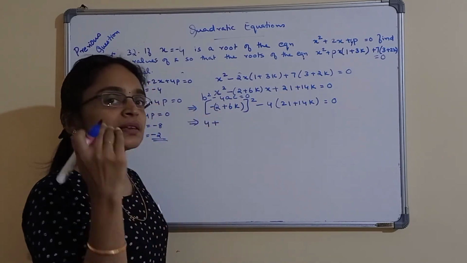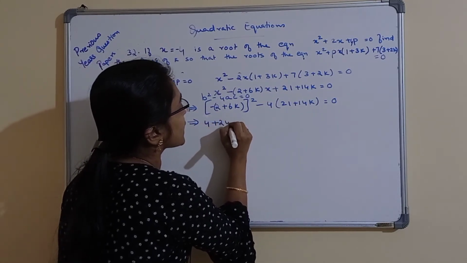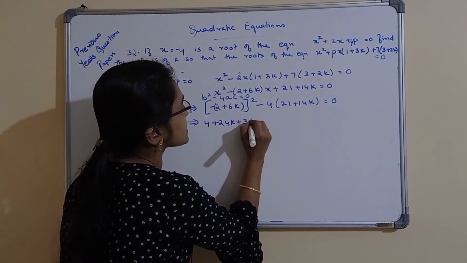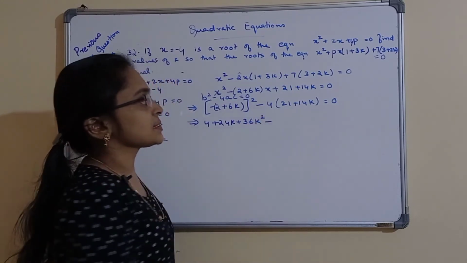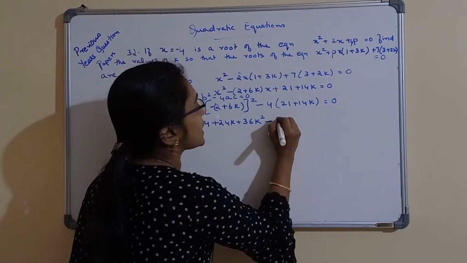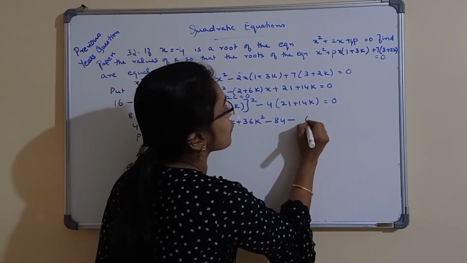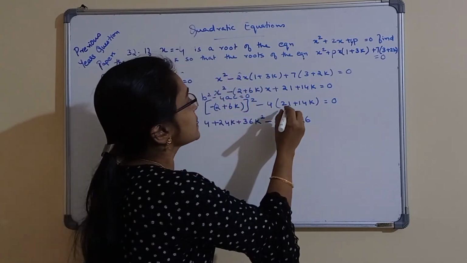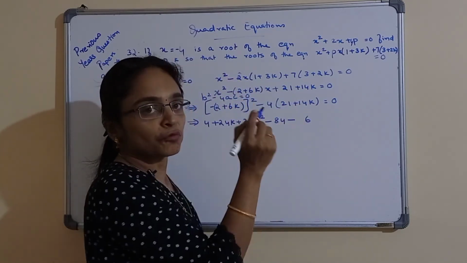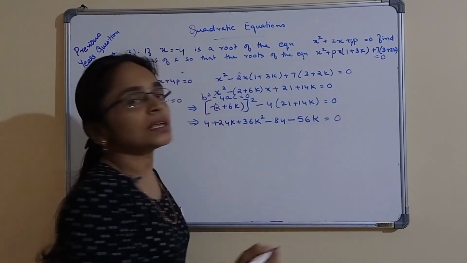So 4 plus 24k plus 36k square minus. Now we can multiply this by 4. So 84 minus 14 into 4 is 4 4s are 16, 1 carry. So 1 into 4, 4, 4 plus 1, 5. 56k is equal to 0.